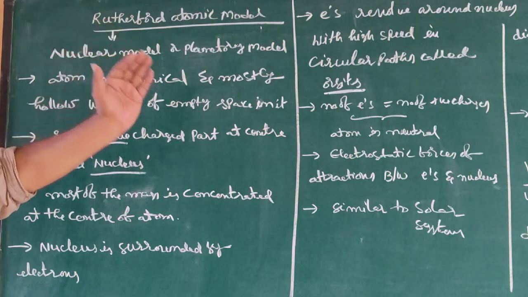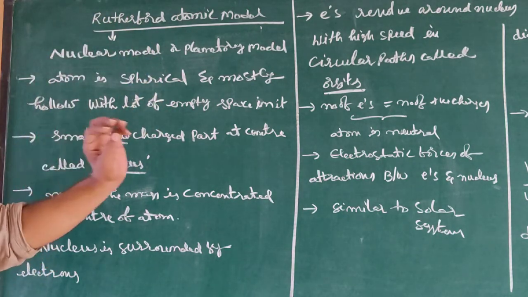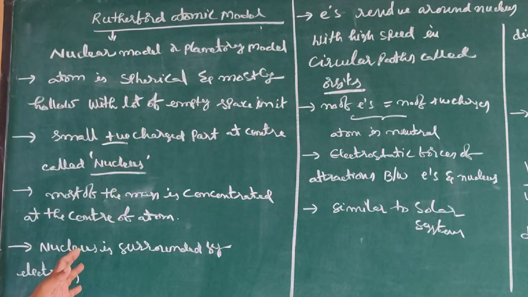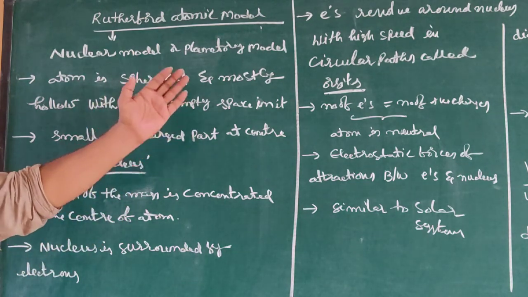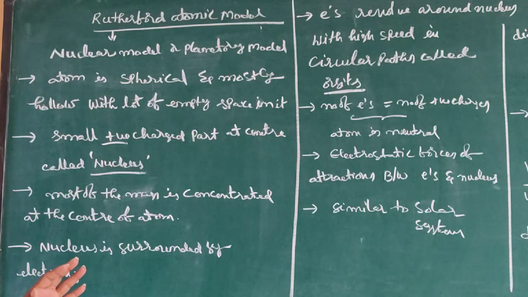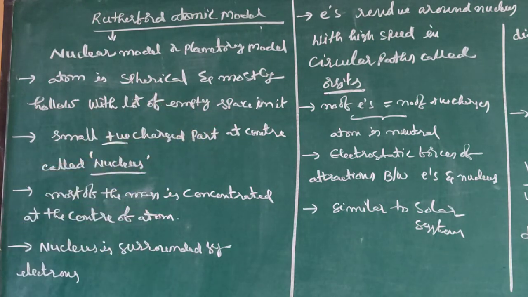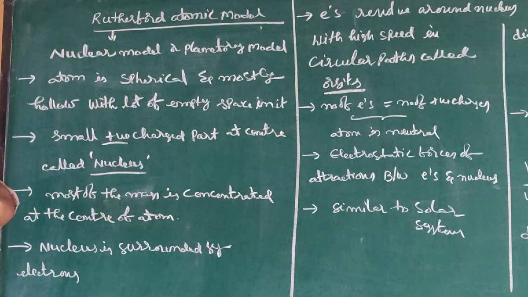The number of electrons is equal to the number of positive charges, so the atom automatically becomes neutral. There is an electrostatic force of attraction between electrons and positive charges. This is similar to the solar system, that's why this is called a planetary model.